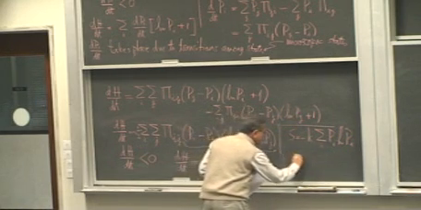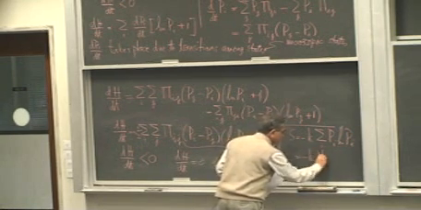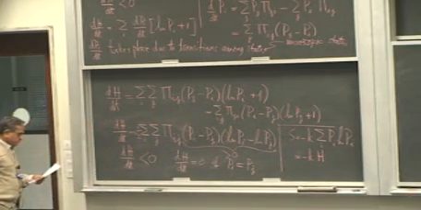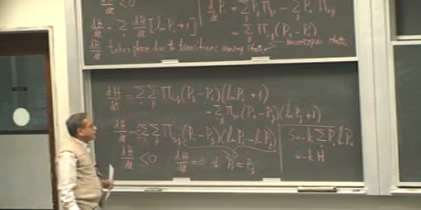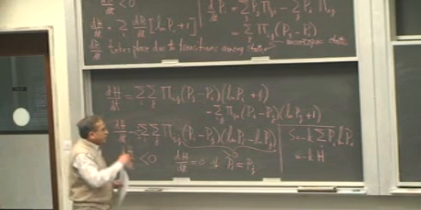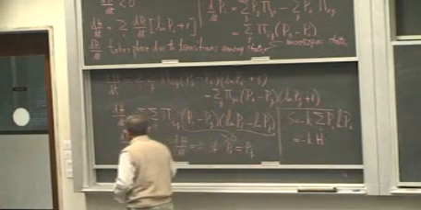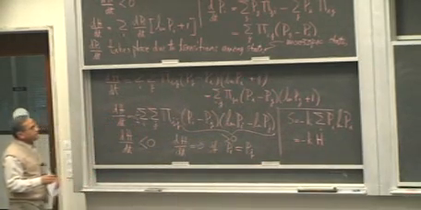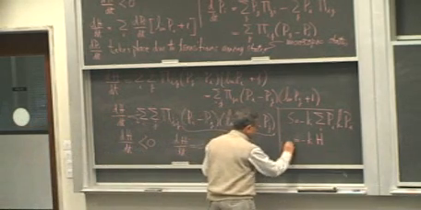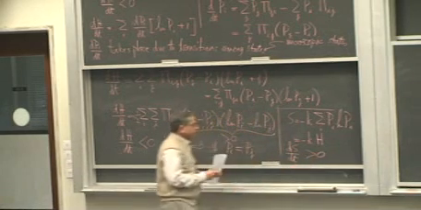Therefore we are saying that S is equal to minus k times H, and therefore d by dt of H is a positive quantity.